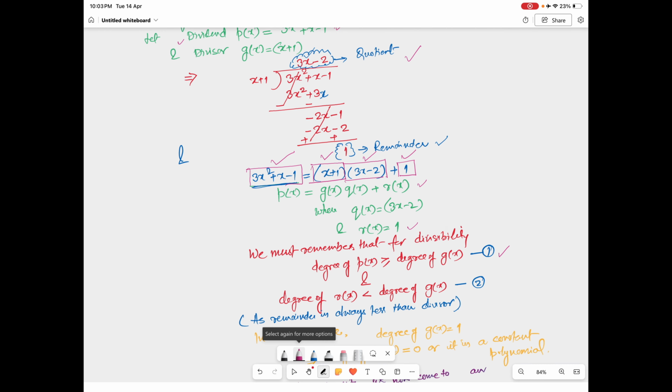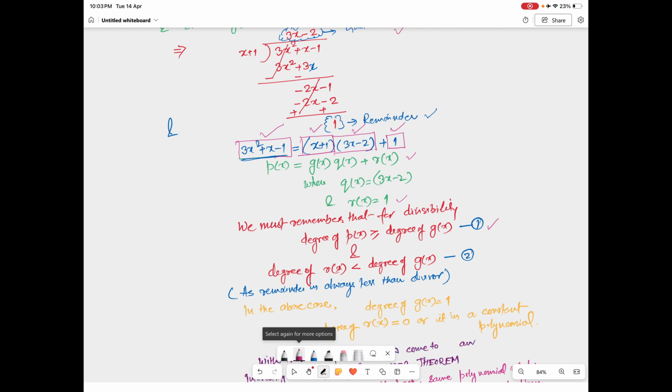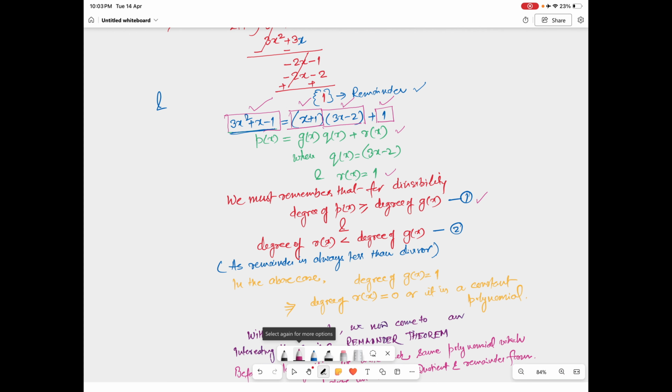So the degree of polynomial p(x) will always be greater than or equal to the degree of g(x), because with a higher degree polynomial, we cannot divide. So the degree of p(x) will be greater than or equal to the degree of g(x). Okay, therefore the divisor has degree less than the degree of the main polynomial, then only the division will happen.